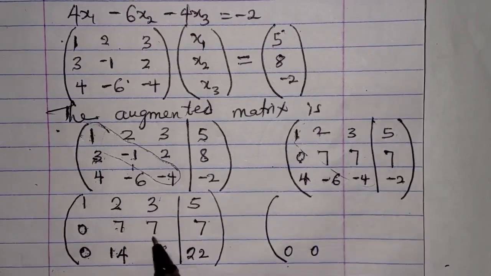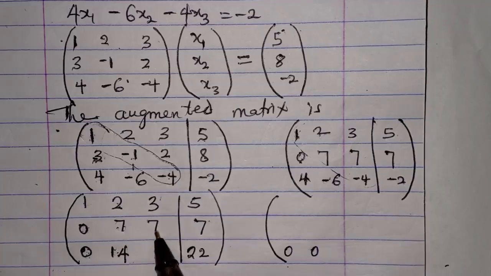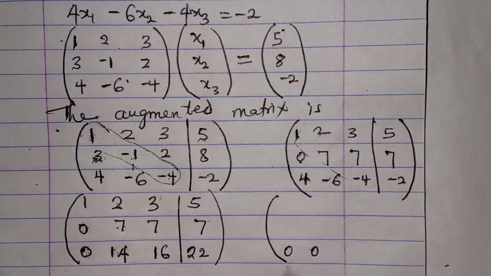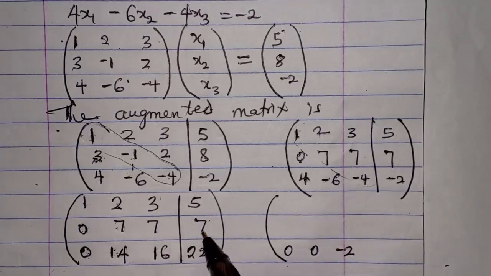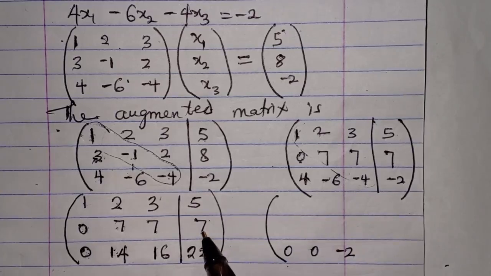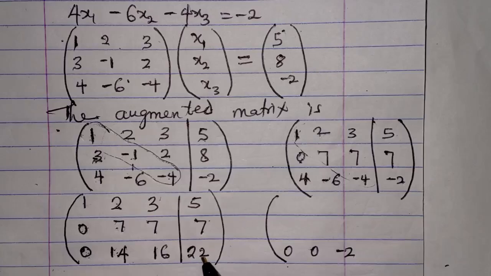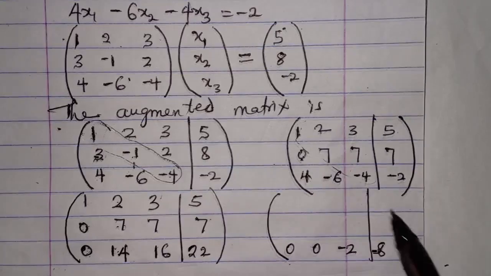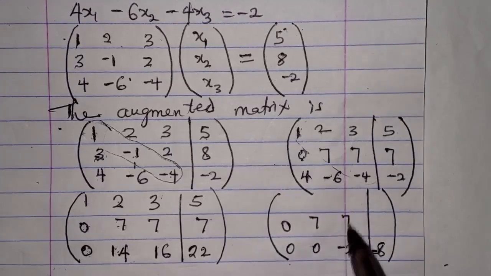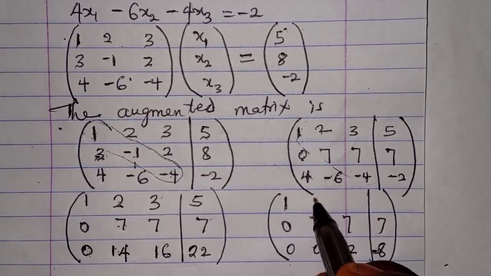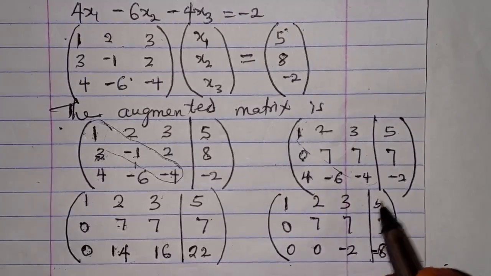Good. 2 times 7 is 14. 14 minus 16 is minus 2, right? 2 times 7 is 14. 14 minus 22 is, alright, so all other entries remain the same. 0, 7, 7, 7, 1, 2, 3, and 5.